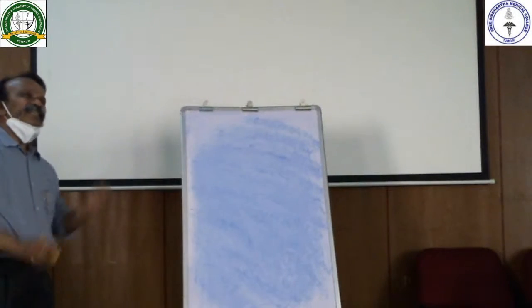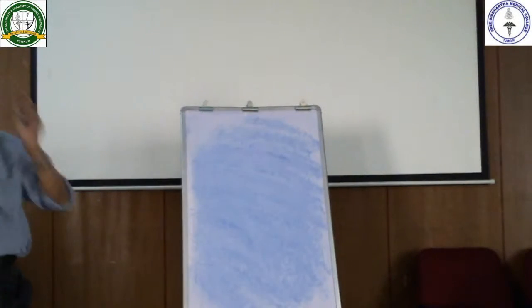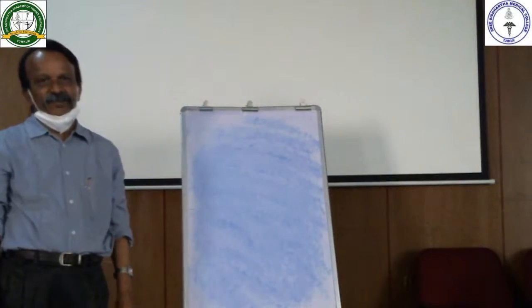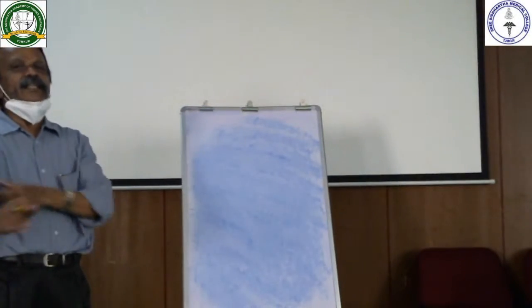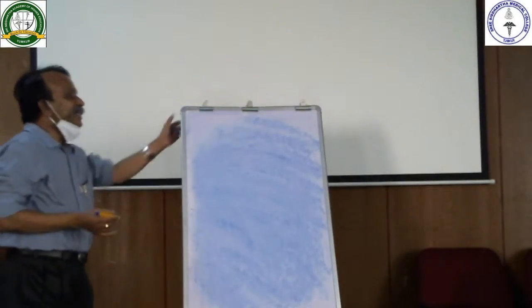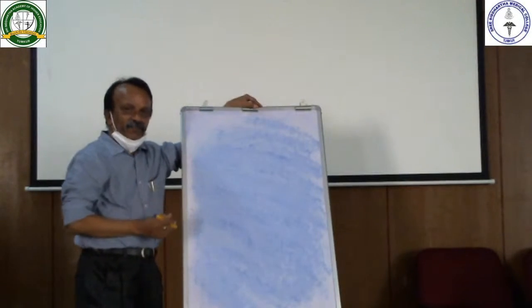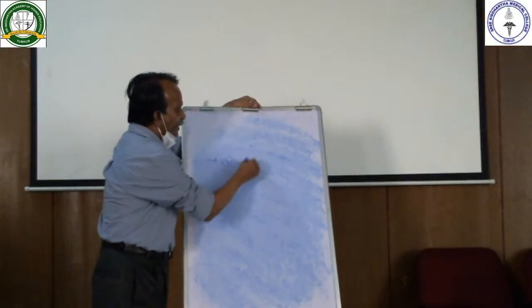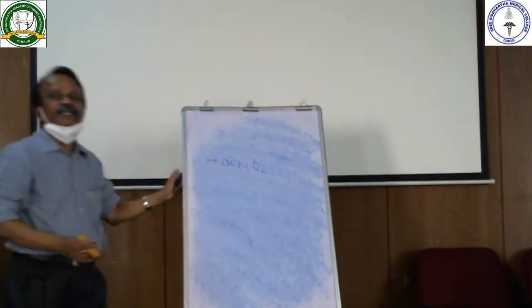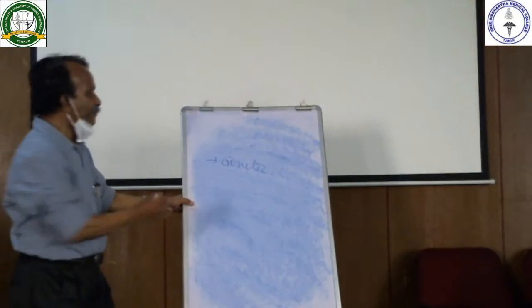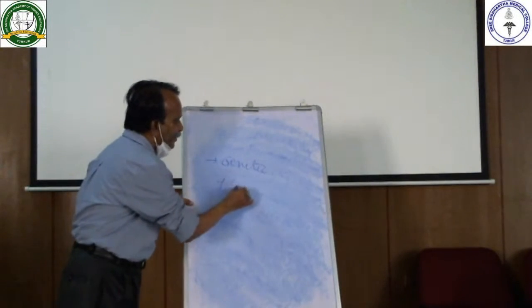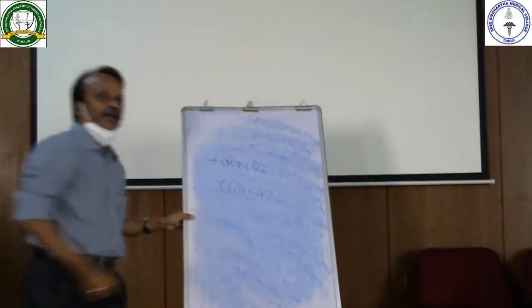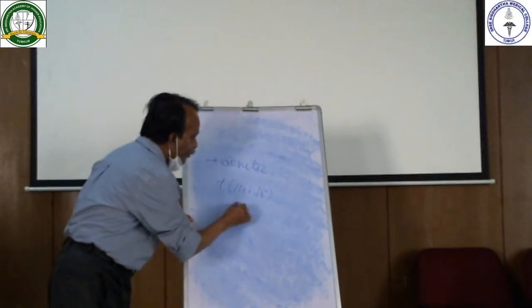Coming to the etiology, what is the cause for non-Hodgkin's lymphoma, or in general the lymphoma? The causes for this lymphoma may be genetic abnormalities. For example, the translocation of chromosome 14 to 18 or 8 to 14.